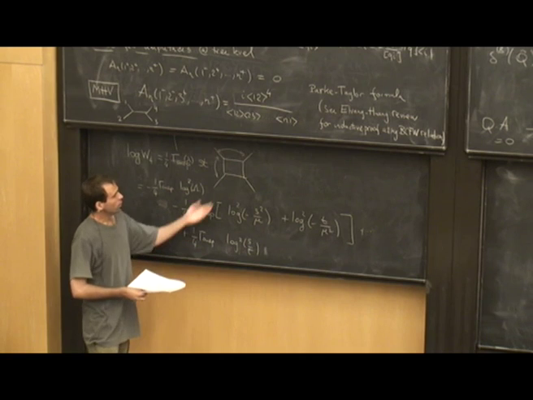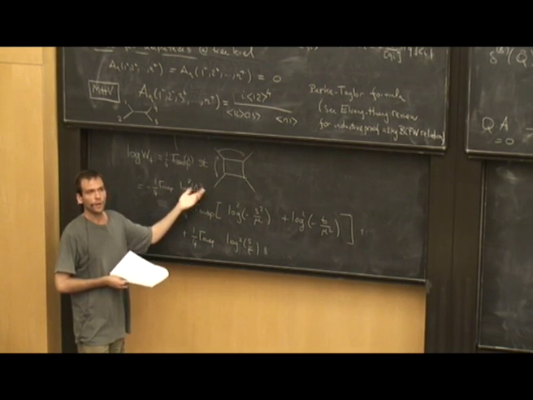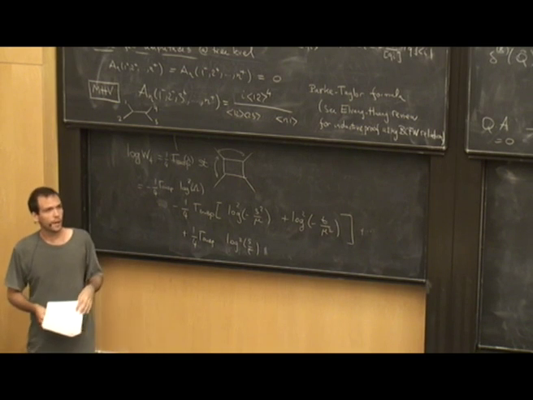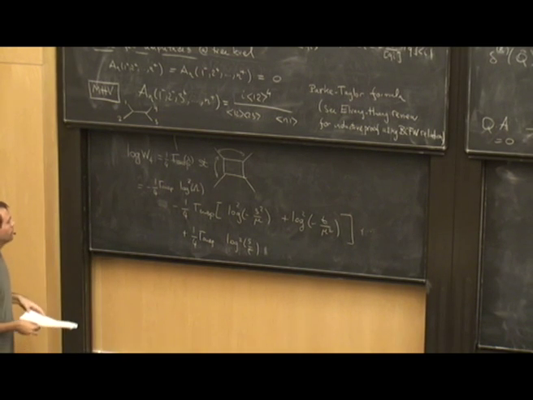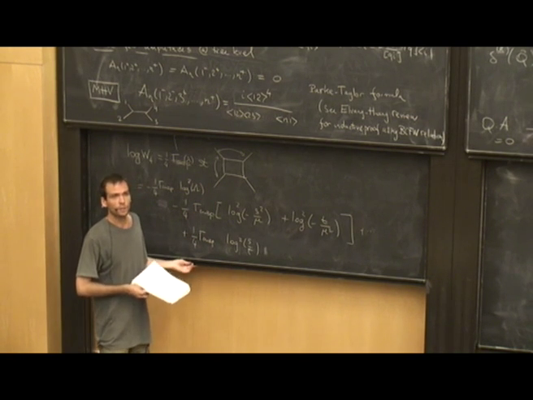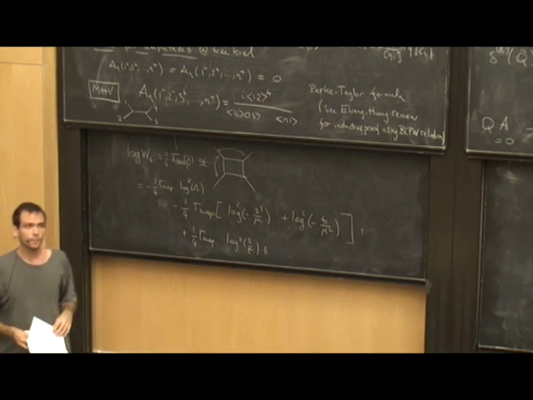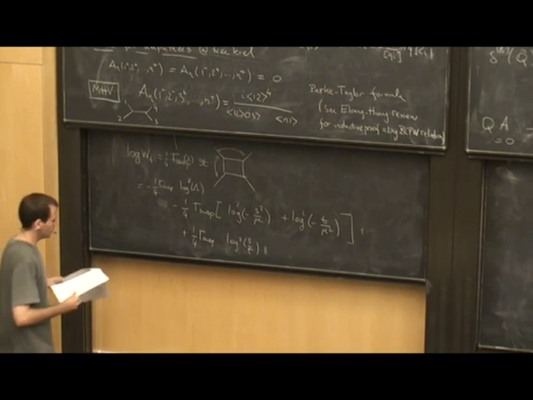And the claim is that if you compute this diagram, okay, you will have to use some regulator, because otherwise you will just get nonsense out of it. It's just a divergent quantity. It is UV finite. This is something you expect because the theory itself is UV finite, but it has infrared divergences.